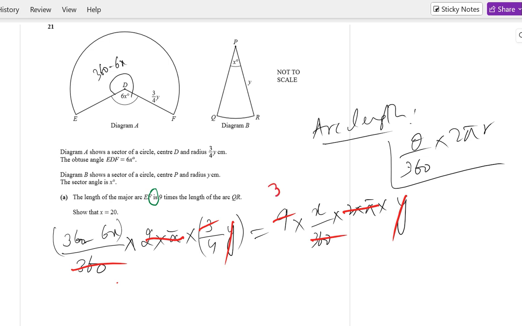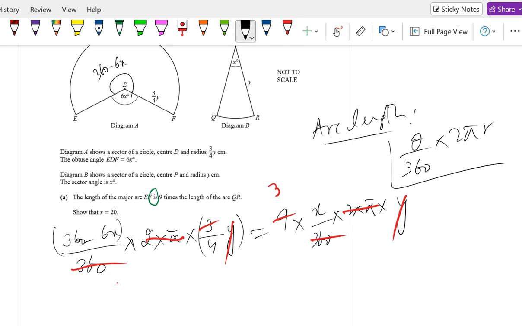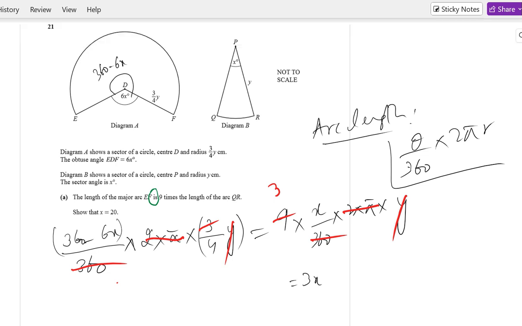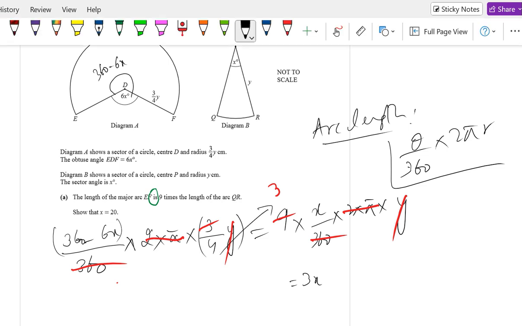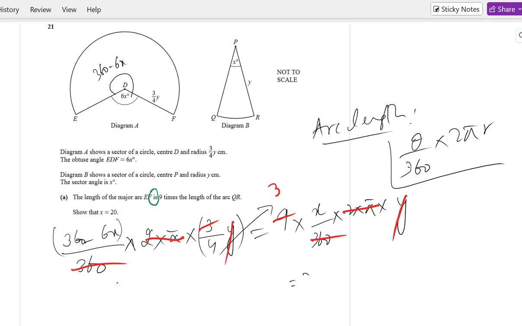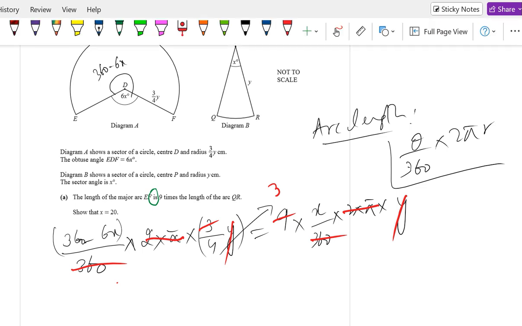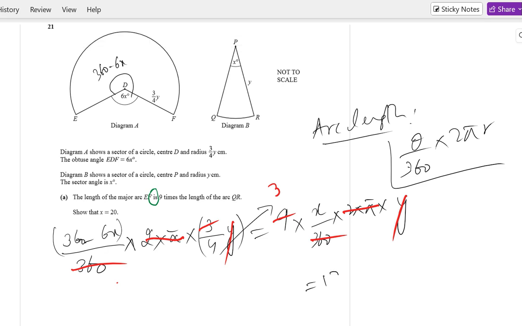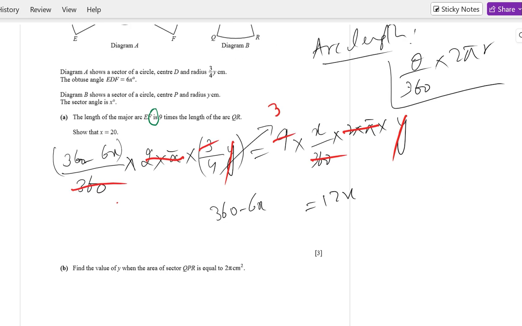We are left with 3x on the right side, multiplied by this 4, so it can be written as 12x, and only 360 minus 6x is left. So 18x, 20 would be your answer, and that's what we needed to show. Your x is 20.